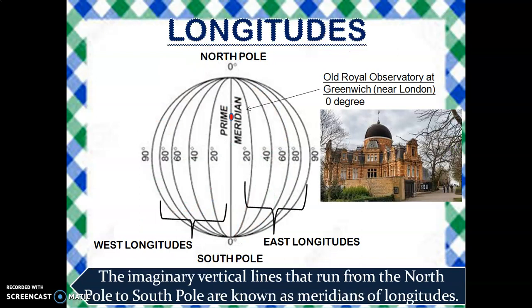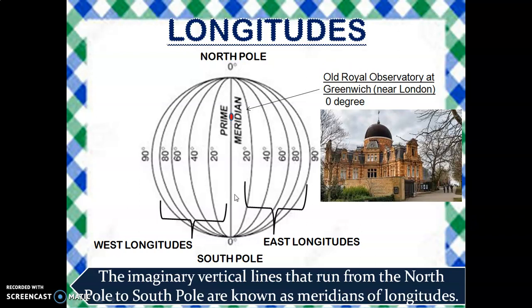Now, let's study the longitude. The longitude running through the Old Royal Observatory at Greenwich near London is marked 0. You can see this red colored dot. Here, the Old Royal Observatory at Greenwich, which is near London, is located.